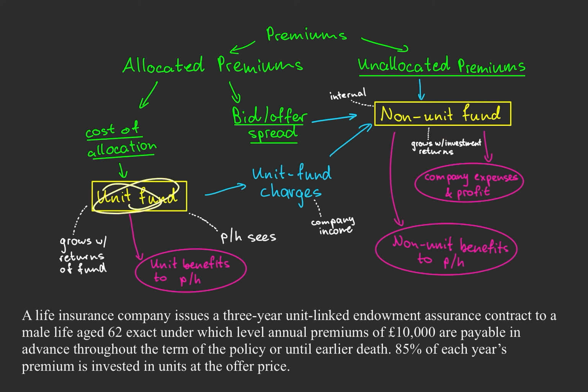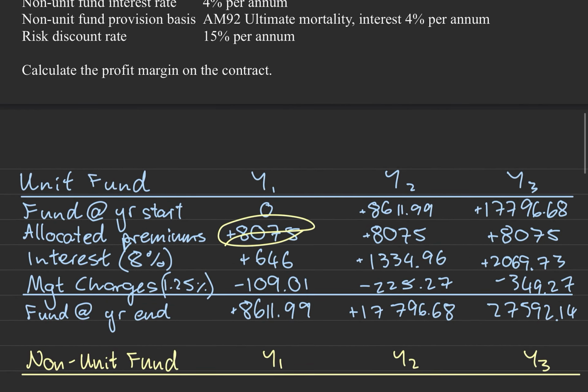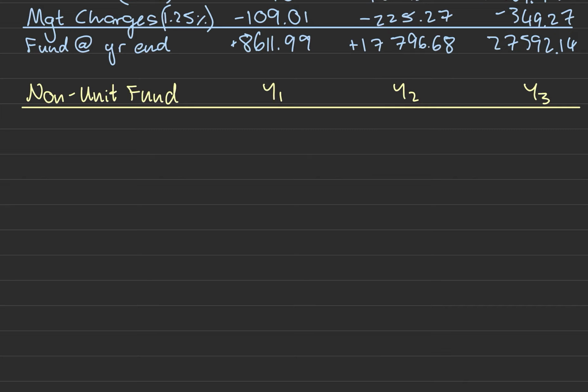So it's the difference between the income, 10,000, and what actually gets invested here. So instead of going in and adding all that up and calculating in a complicated way, I'm just going to go 10,000 minus 8075, and that's the amount that goes into my non-unit fund. So what is that? It's 1925. That's an inflow there.